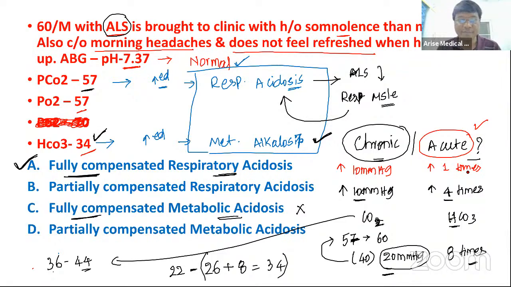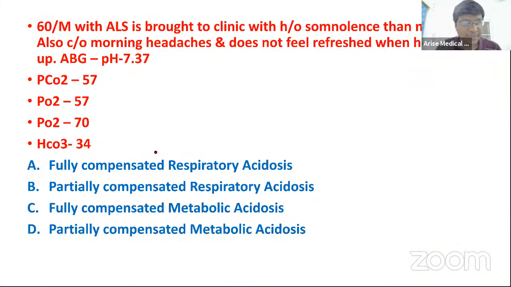Whereas in chronic, for every 10 millimeters of mercury increase in your partial pressure of carbon dioxide, bicarbonate increases by 4, right? So that is the reason why the answer to this particular question is fully compensated chronic respiratory acidosis, right? It is your fully compensated chronic respiratory acidosis. Okay, so that will be the answer to this question, right?